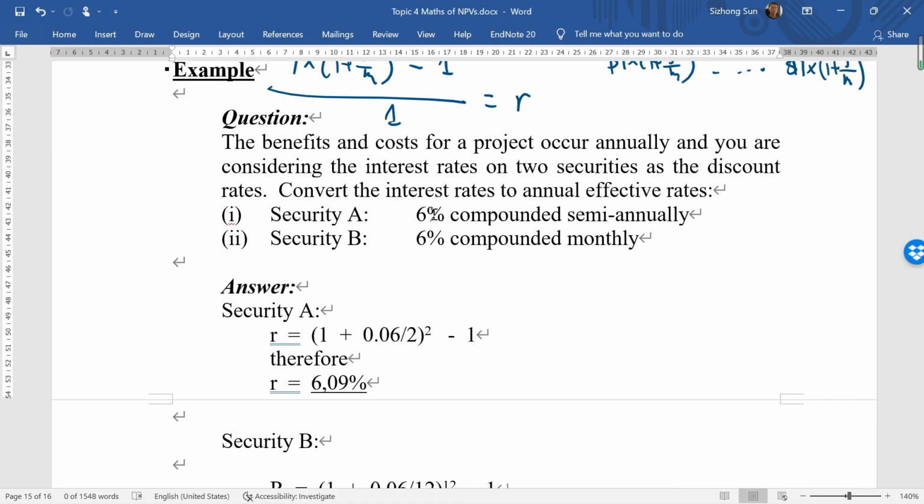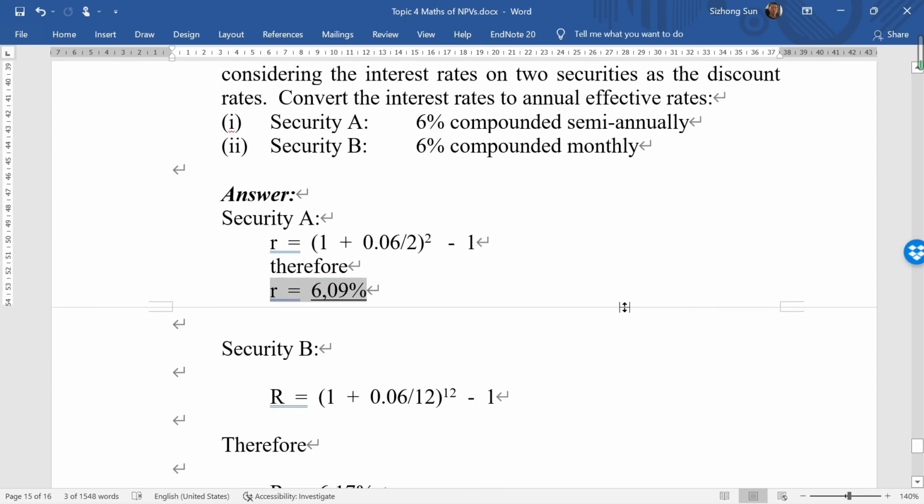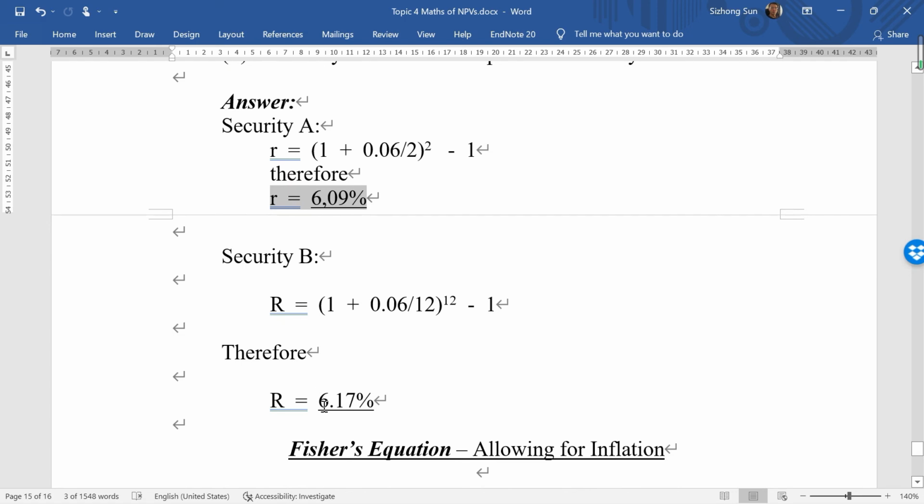Security B: same nominal rate, 6%, but compounded monthly. Let's apply the formula. i is equal to 1 plus 0.06 divided by 2, because there are 2 compounding periods, raised to the power 2, minus 1. We get 6.09%. Similarly, for B, we get 6.17%.